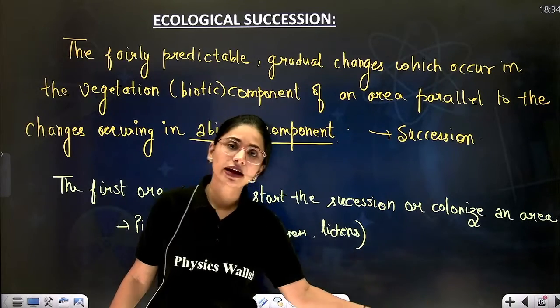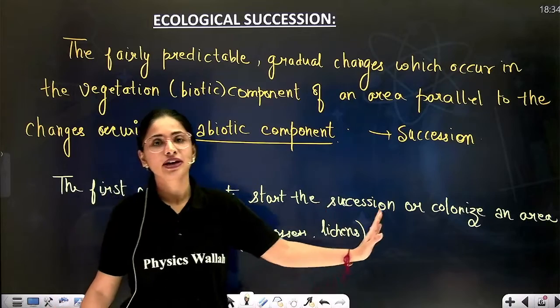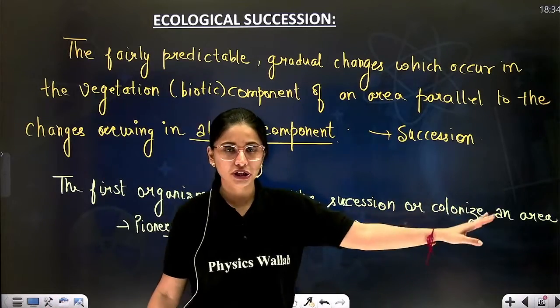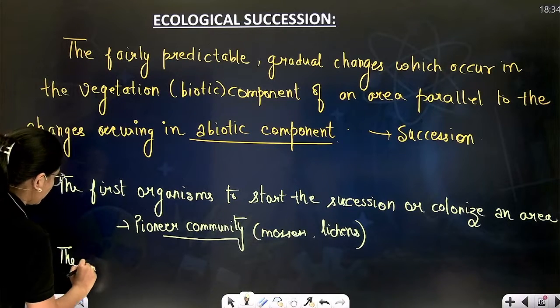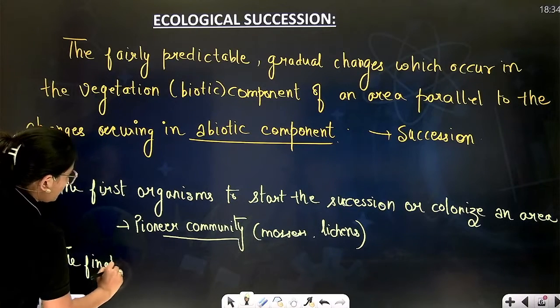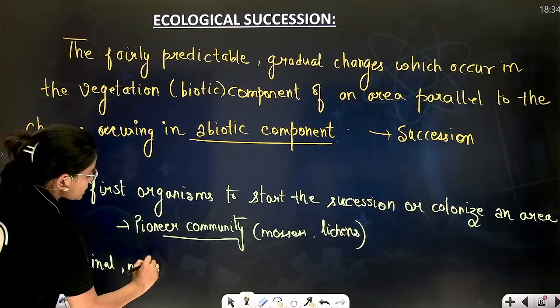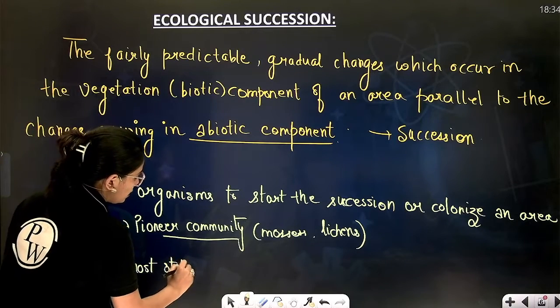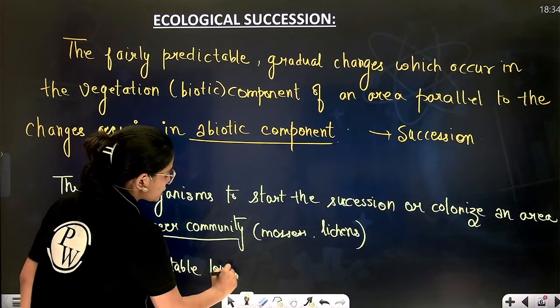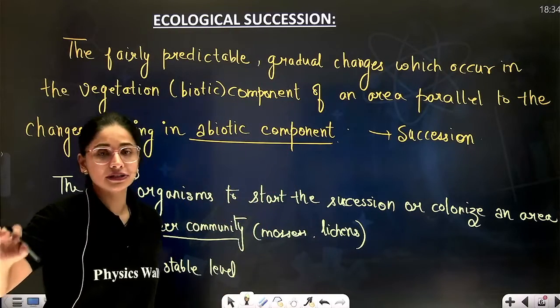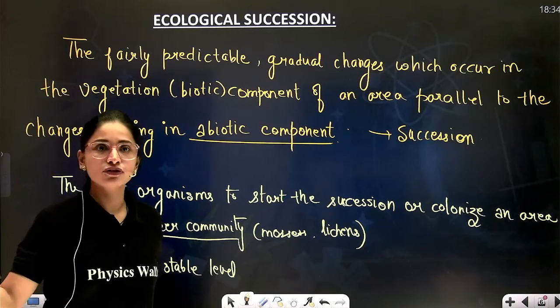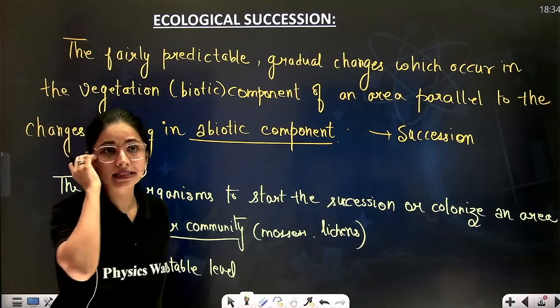With the change in the environmental condition, the nature of the vegetation will also keep on changing, and ultimately the final stage of succession will arise. The final and most stable level of succession will arise at last when all the conditions are highly favorable, vegetation is also happy. That is called as climax community.